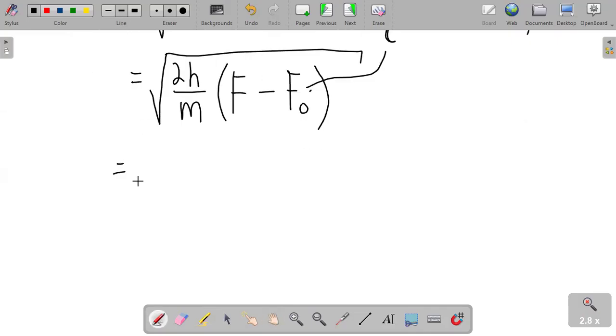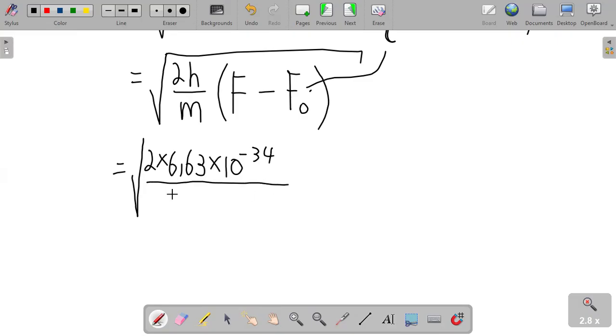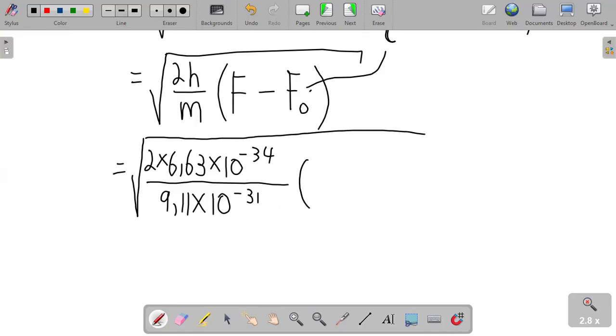So then we say 2 multiplied by 6.63 times 10 to the negative 34, divided by m. The mass here is a constant, the mass of an electron, 10 to the negative 31. Then the frequency here is how much?